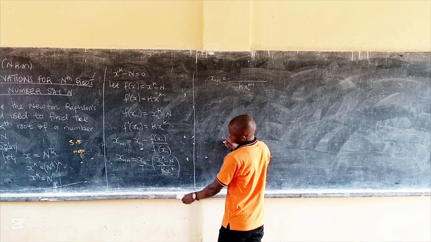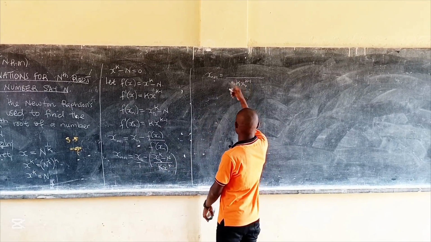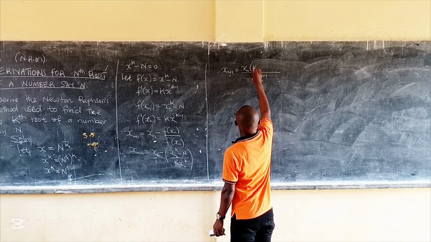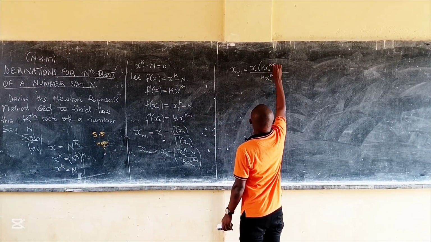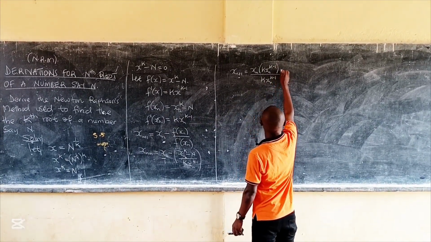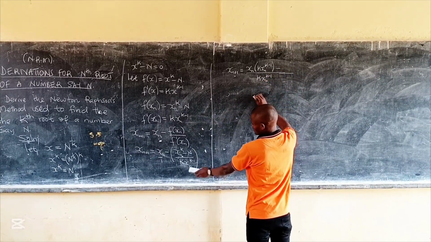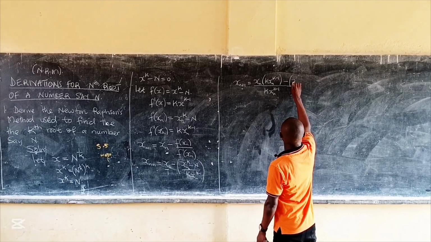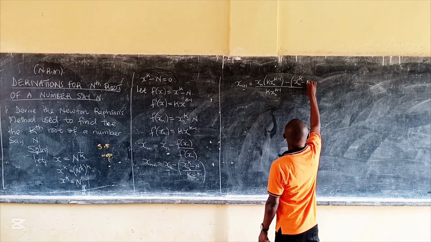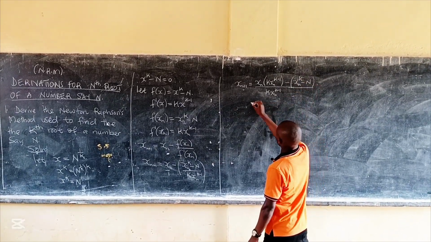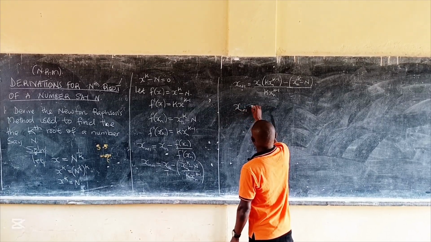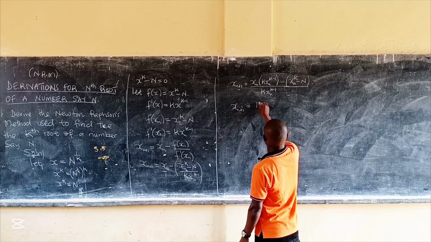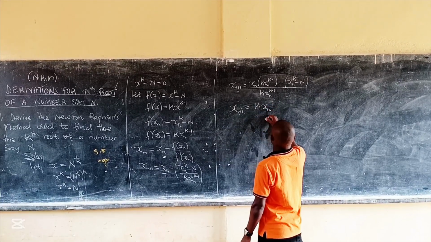Get this function divided by 1 to get this function itself, which multiplies the numerator, which is this, into k xn power k minus 1. Then take away this function divided by this, we get a 1, which multiplies that. So we're going to have here xn power k minus this, and our xn plus 1 is now going to give us, when I expand this, something like k xn.